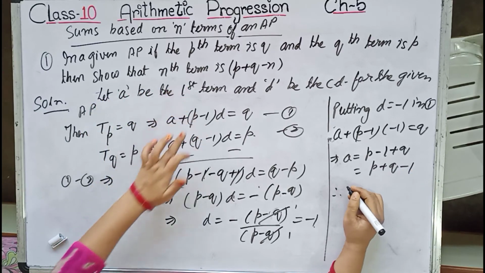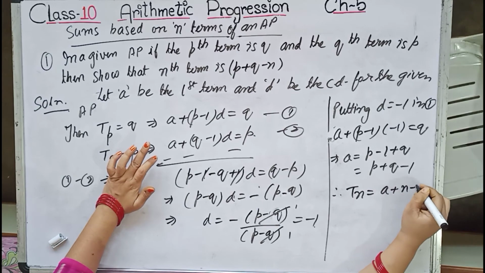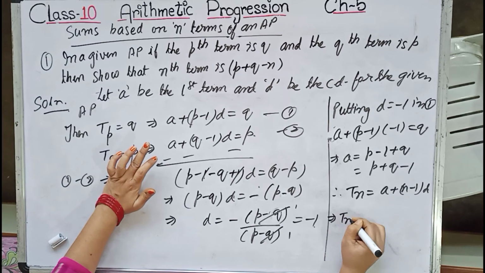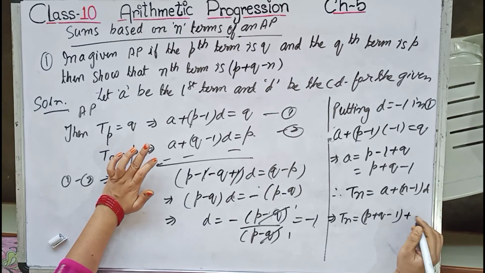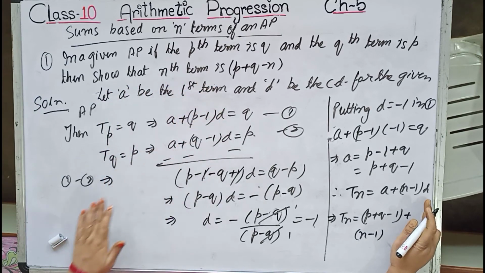Therefore, nth term Tn equals a plus n minus 1 into d, which implies Tn equals p plus q minus 1 plus n minus 1 into d.